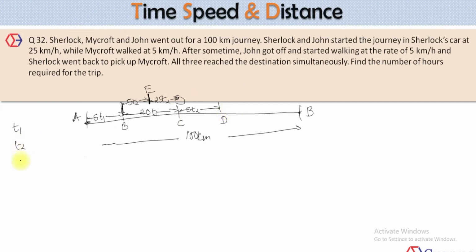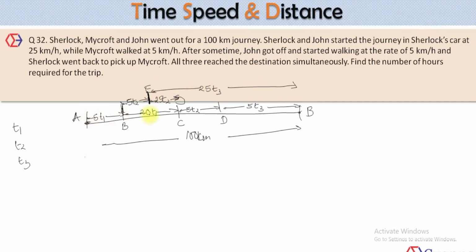Let's say they'll reach after T3 hours. So this distance will be covered by John in T3 hours with a speed of 5. So we can replace it by what? 5 T3. And Sherlock will start from point E towards B. Will cover how much distance with a speed of 25 in T3 time? 25 T3. So let's make the equation.